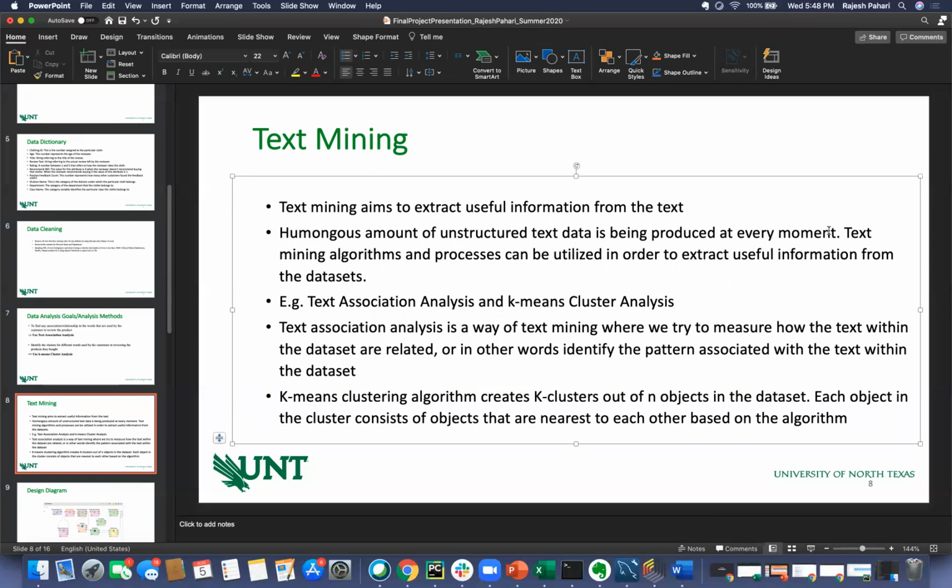Text association analysis is a way of text mining where we try to measure how the text within the dataset are related, or in other words, identify the patterns associated with the text within the dataset. The K-means clustering algorithm creates K clusters out of n objects in the dataset. Each cluster consists of objects that are nearest to each other based on the algorithm.